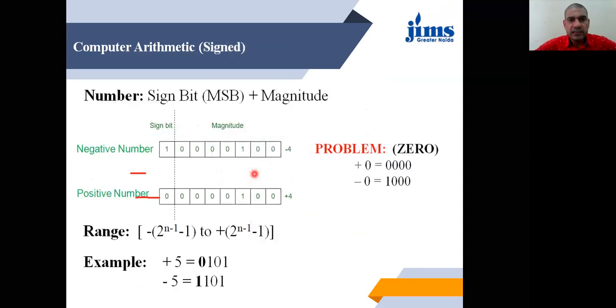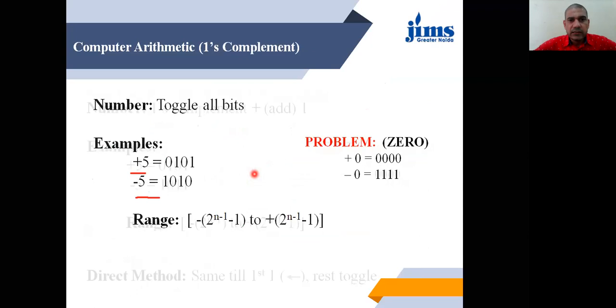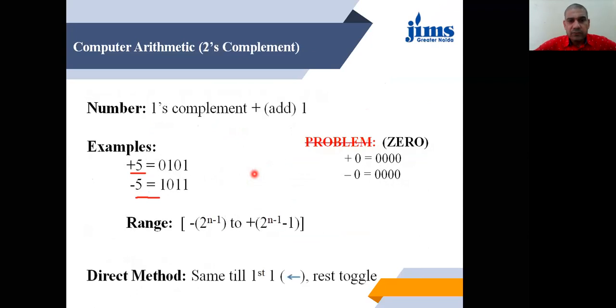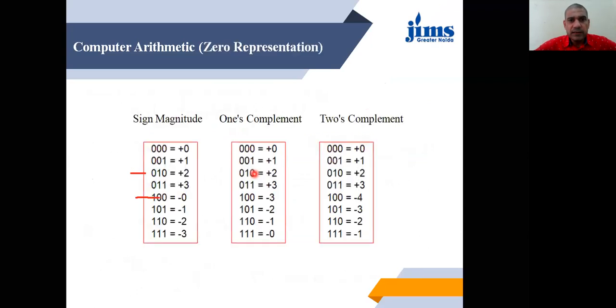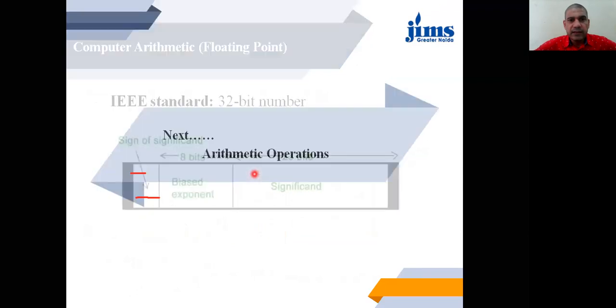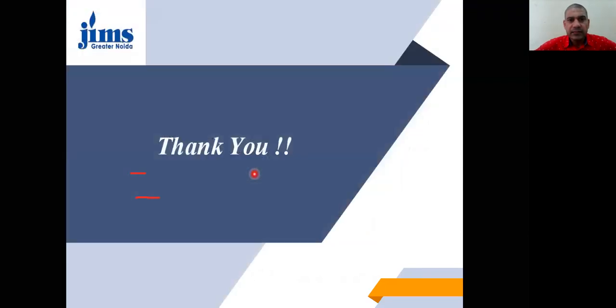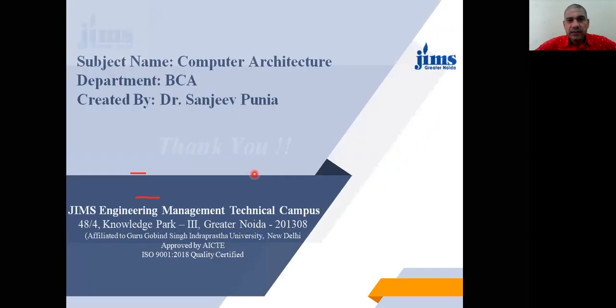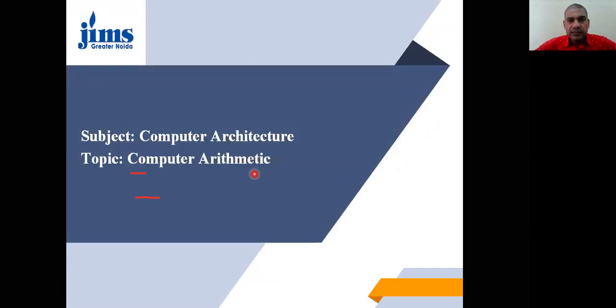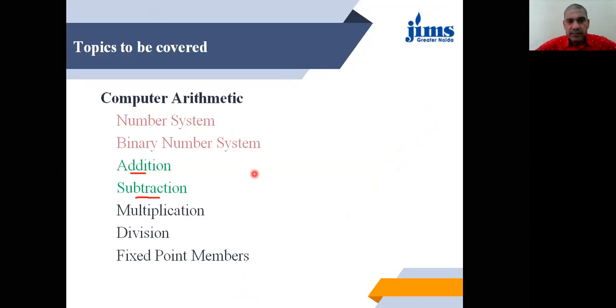This is the signed representation, where the MSB represents the positive or negative value. Then to find the ones complement and twos complement, we completed till here in the last lecture. From today, we will start computer arithmetic and addition and subtraction.